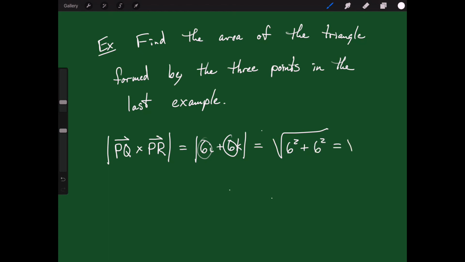The square root of 36 plus 36, which is 72, which I could write as, let's see, 36 comes out of that, so this would be 6 times the square root of 2. Okay, so that is the area of the parallelogram.